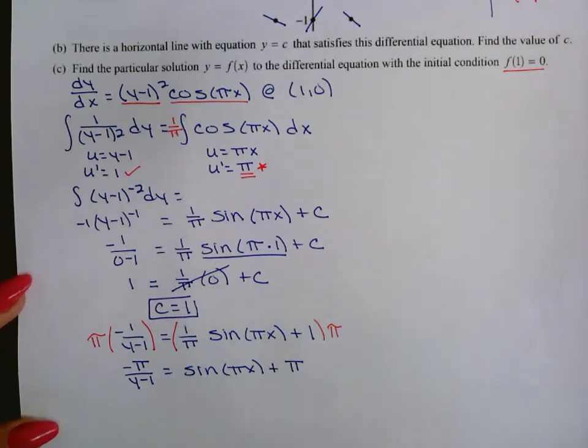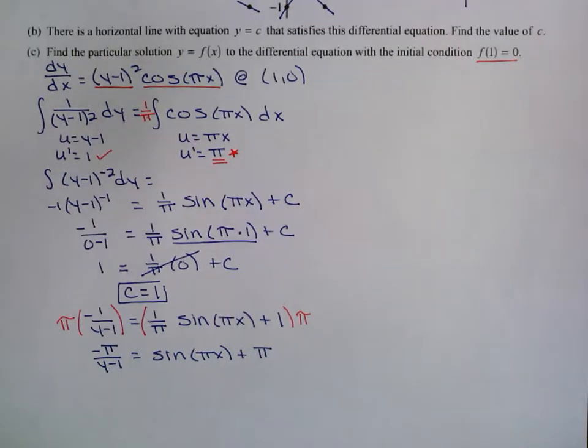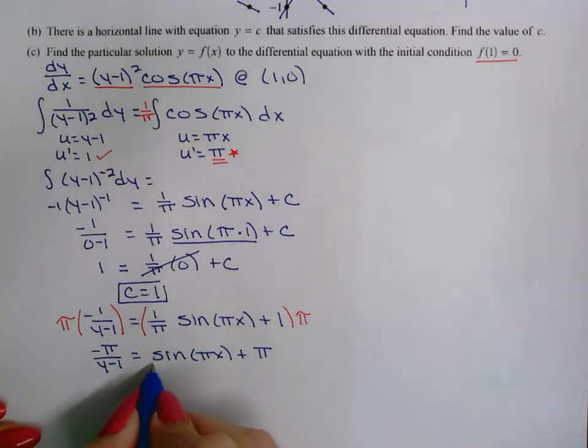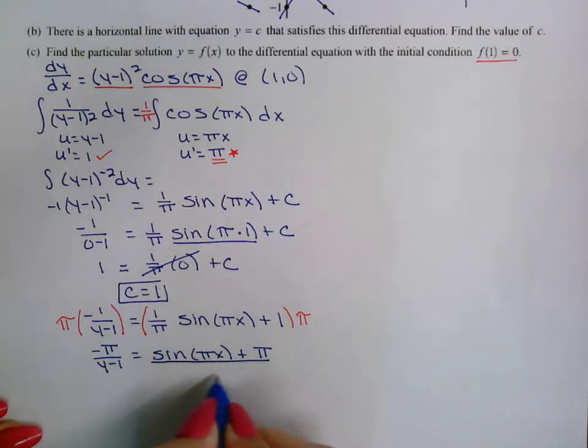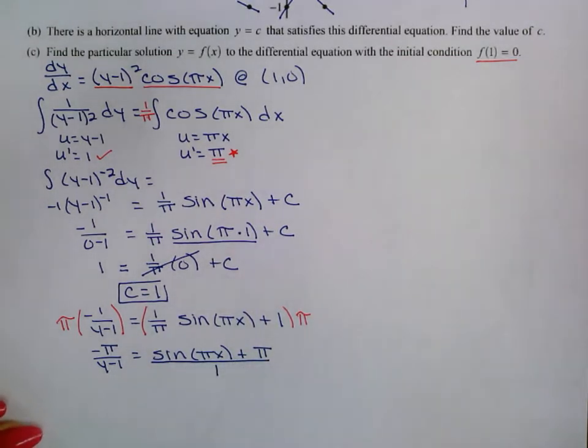Now, the next thing we're going to do, like you guys saw in the last question about flipping a fraction on each side, do you see that I have one fraction on the left? How can I write the right side so that it looks like one fraction? Exactly, over 1. If I write that over 1, now I can flip both sides and have the y in the numerator.